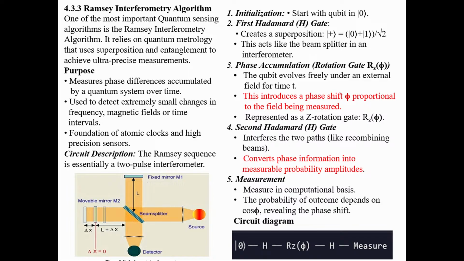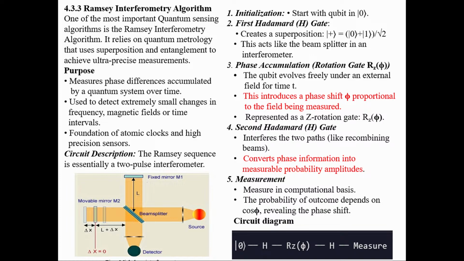What does it mean? Magnetic field is there. If you are moving from one place to another, it will change slightly, by a very small amount. That phase difference it will measure, over a time t. So this introduces a phase shift phi proportional to the field being measured, represented as a Z rotation gate. The measurement takes place by this Z rotation gate. Then apply the Hadamard gate again.